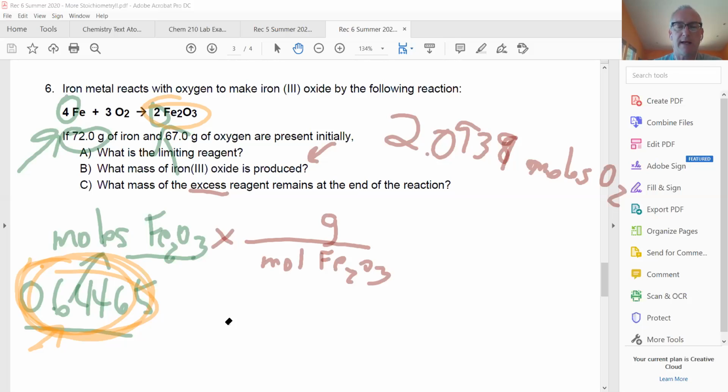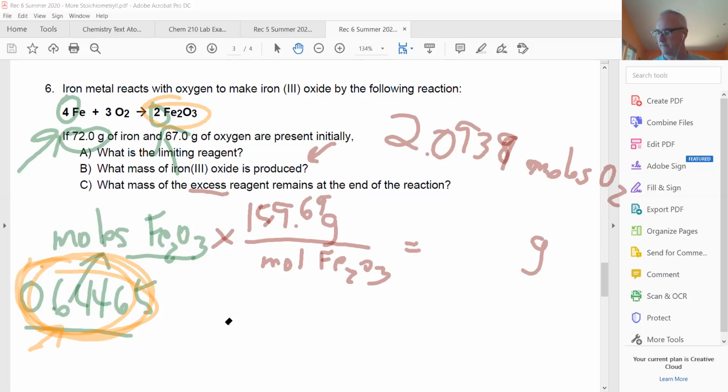So what's my molar mass of Fe2O3? It's 159.69 grams per mole.